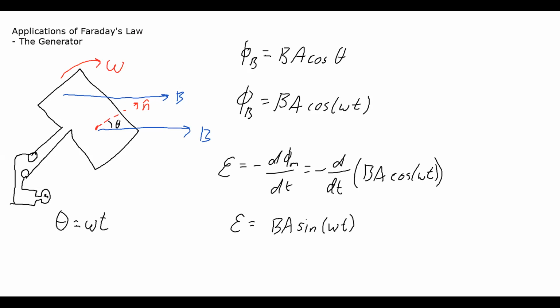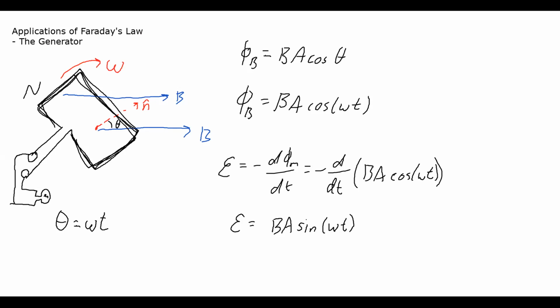Now, what's going to happen here is that in a usual generator, you don't just have one coil. You're going to have multiple coils going through this. So you have all these coils rotating, this N number of coils.